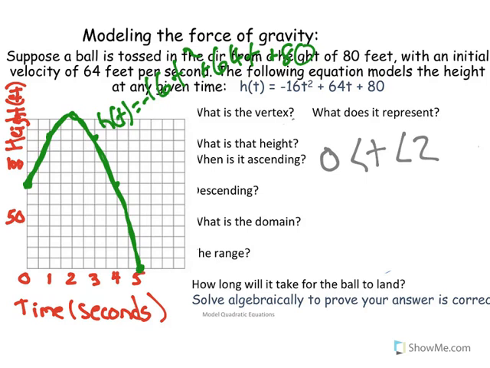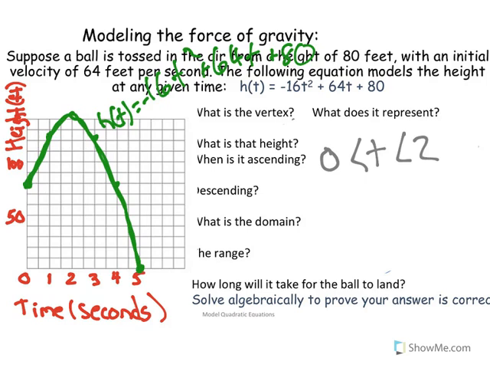We're not going to use an or-equal sign because technically at 0 seconds, the object isn't going anywhere. And at 2 seconds, it's not going up or down. It's peaked, so it's technically stationary for that fraction of a second. So it's only ascending, or going up, between 0 and 2, but not inclusive.